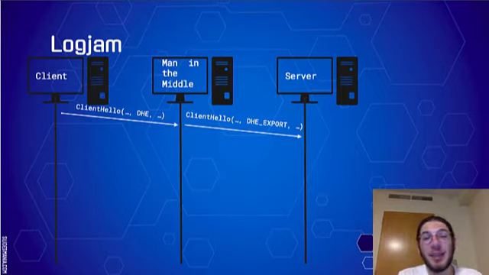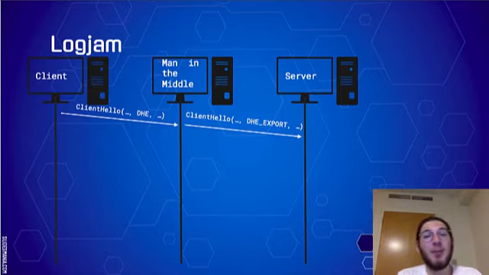If that is the case, then the man in the middle removes all of the listed key exchange algorithms and puts in their place export grade Diffie-Hellman only. As we went through it before, export grade Diffie-Hellman uses 512-bit prime numbers, which are not secure.